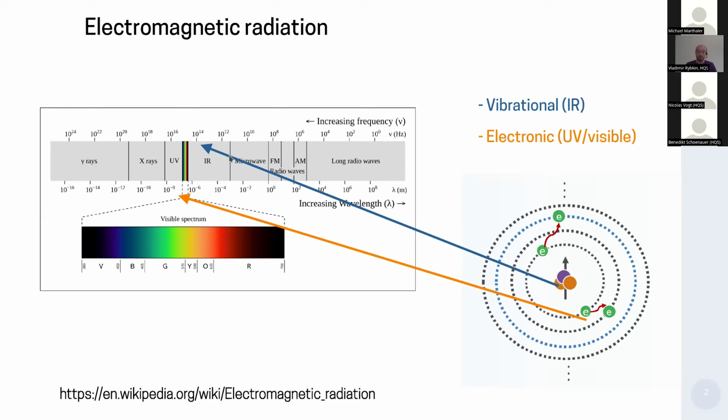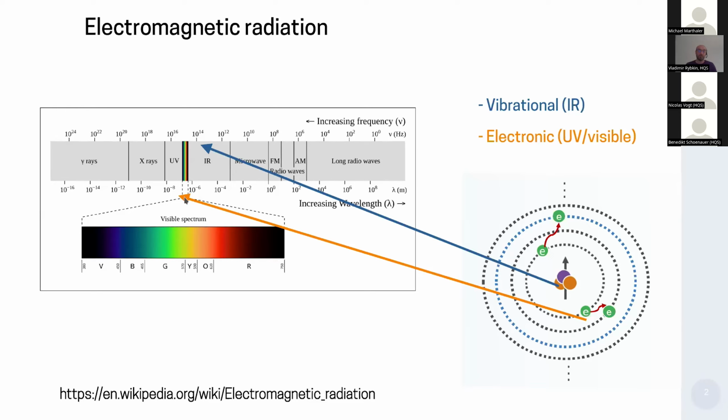And vibrations of molecules correspond to the infrared range. So if you irradiate a molecule with heat, with infrared irradiation, you will see a vibrational spectrum. And if you irradiate it with ultraviolet or visible, you will get an electronic spectrum. The interesting thing here is that infrared radiation is unable to excite electronic transitions because it's simply not energetic enough.